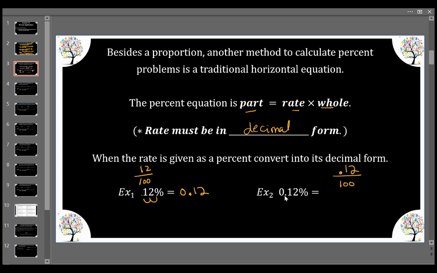So again, we're going to move the decimal 2 places to the left. So 0.12% is also 0.0012. So we're going to keep this equation in mind as we solve these.